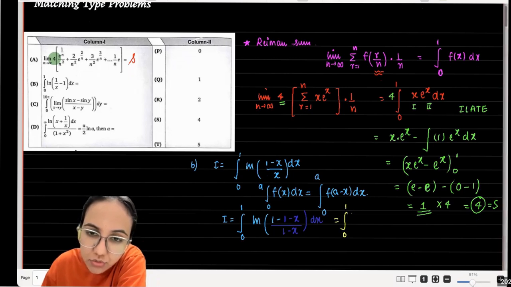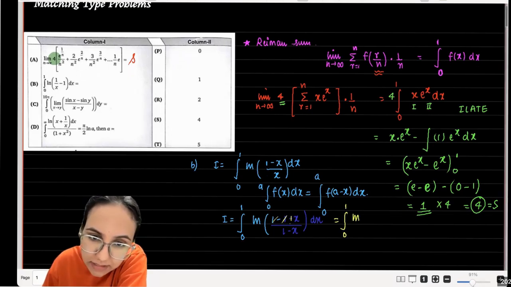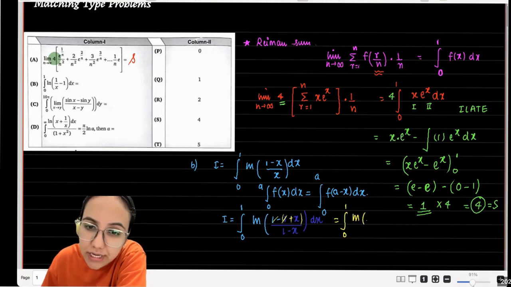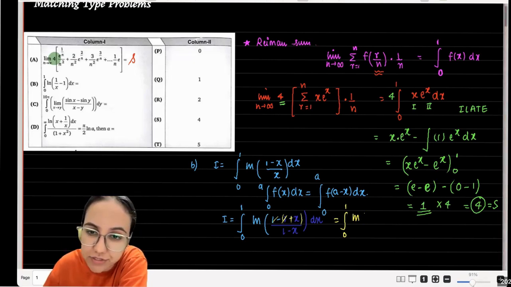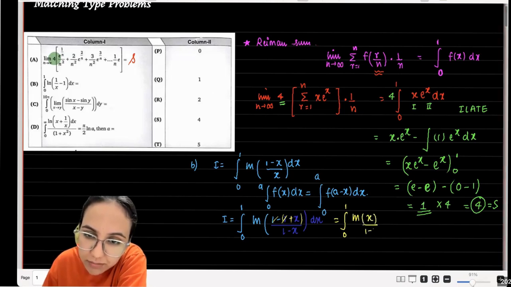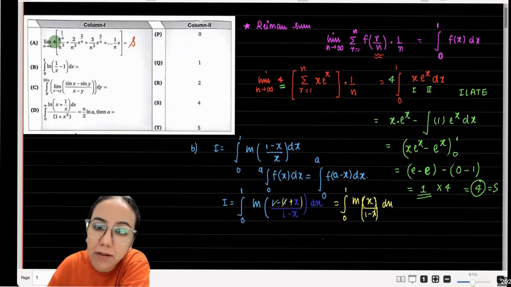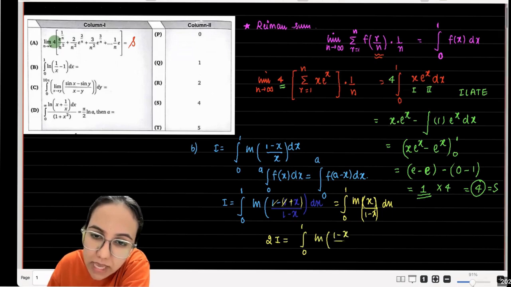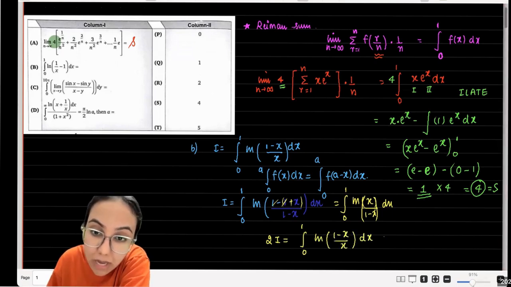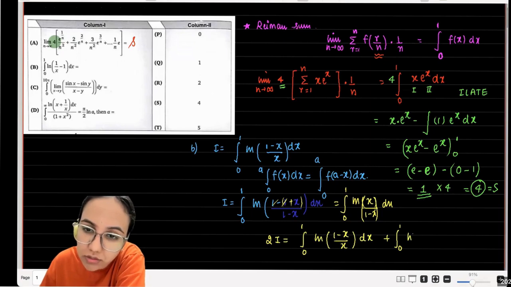I'm going to get 0 to 1 ln of, the 1 and 1 cancel, and this is actually positive, so ln of x over (1 minus x), the entire bracket, and dx. Now, if you add both of them, you get 2I equals integration 0 to 1 ln of (1 minus x) over x dx plus integration 0 to 1 ln of x over (1 minus x) dx.